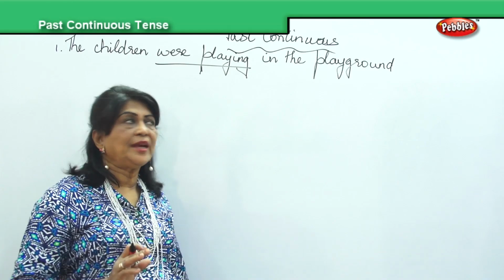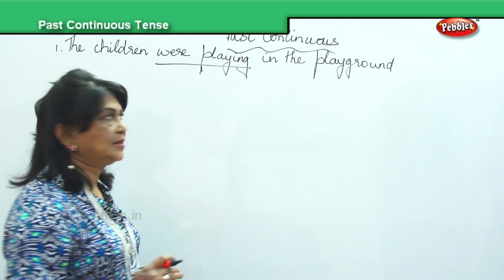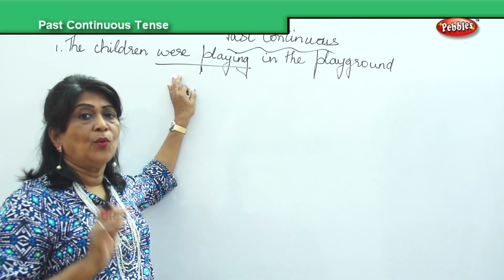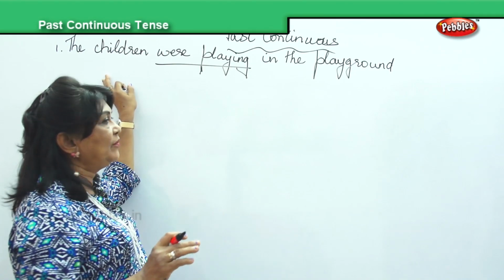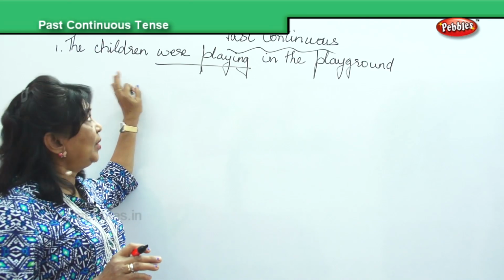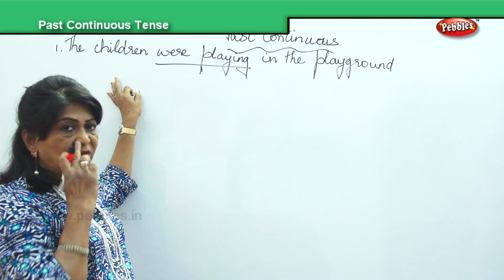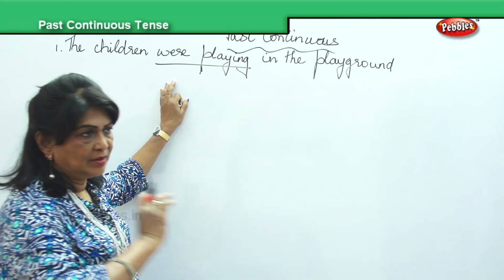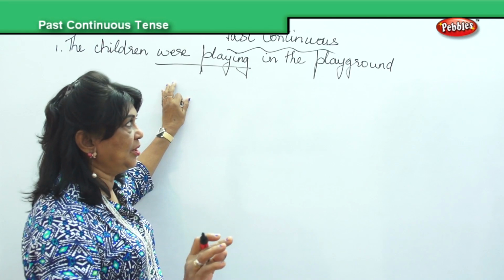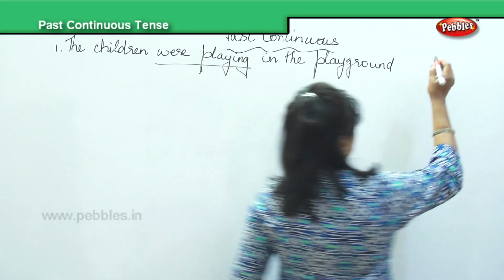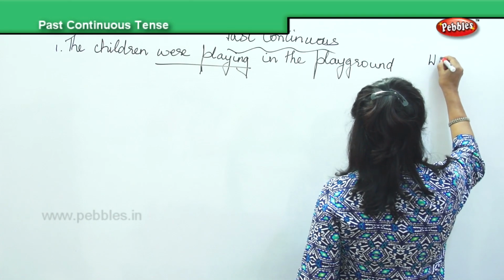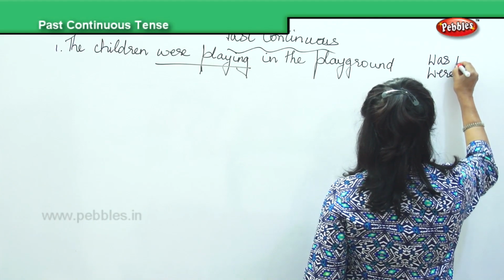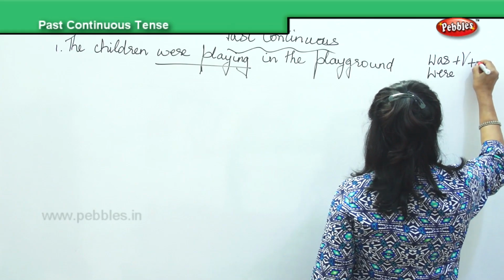So this is the indication of past continuous. Okay, let's see now. Past continuous will only have was and were. If you have a child, we will say was playing, and if it is plural, we will say were plus the verb plus ing. Okay, I'll just write here was or were plus the verb plus ing.